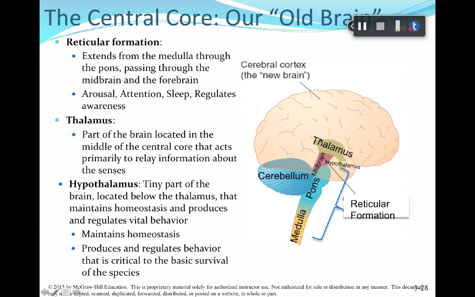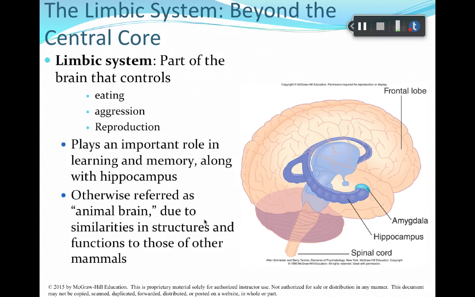The thalamus, which is right here in the center of the brain, is the relay between the sensory information up here and the lower brain. And the hypothalamus is that tiny part of the brain that maintains homeostasis. So are you hungry? Are you thirsty? Are you sleepy? And the basic elements of survival.